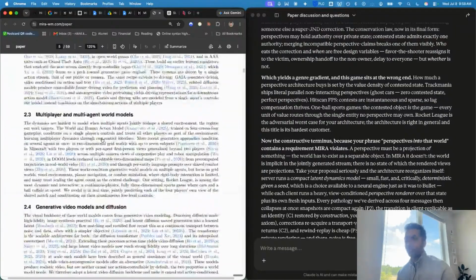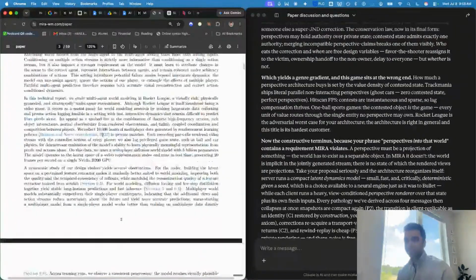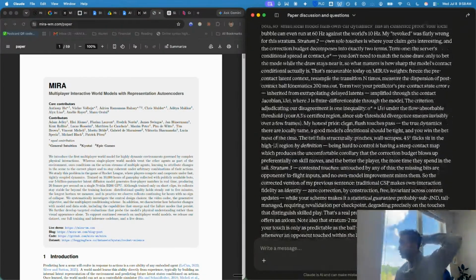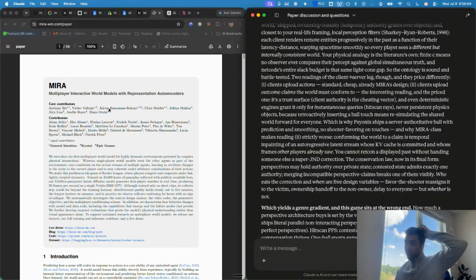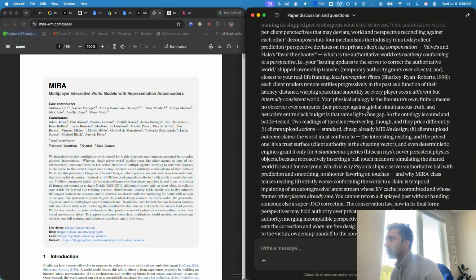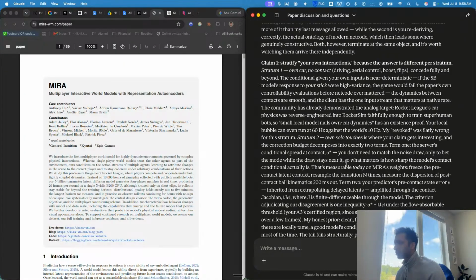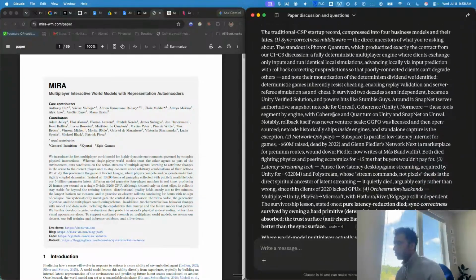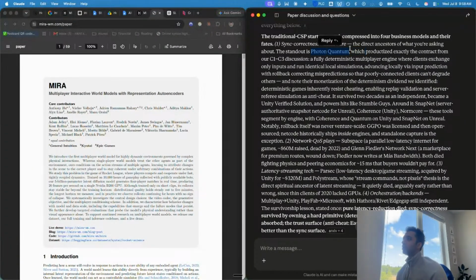So, I'm trying to understand how the synchronization layer works for traditional rendering engines with Claude. And so far, what we've learned is there's this library called Photon Quantum, which implements client-side prediction.